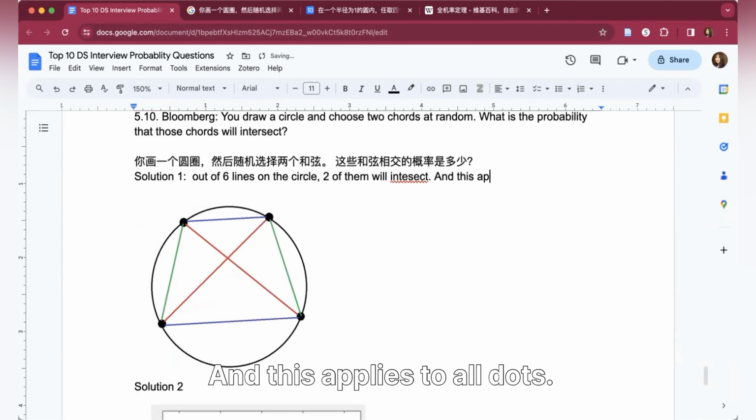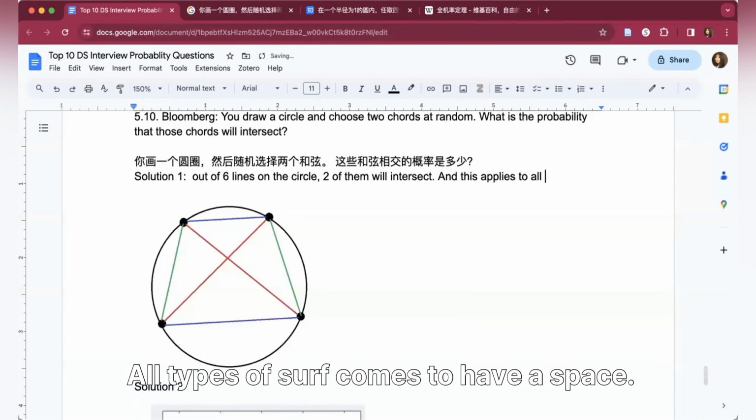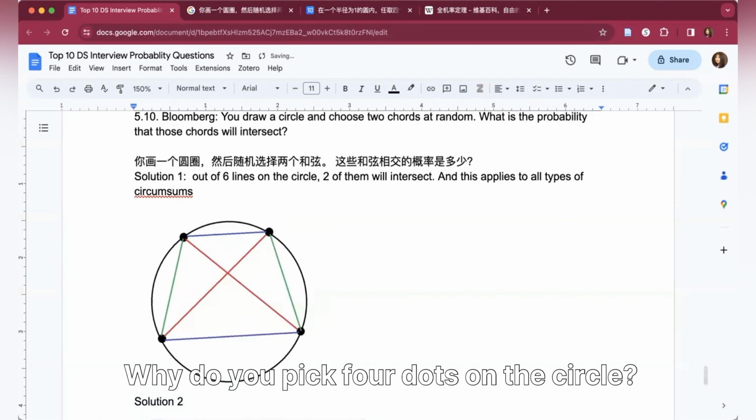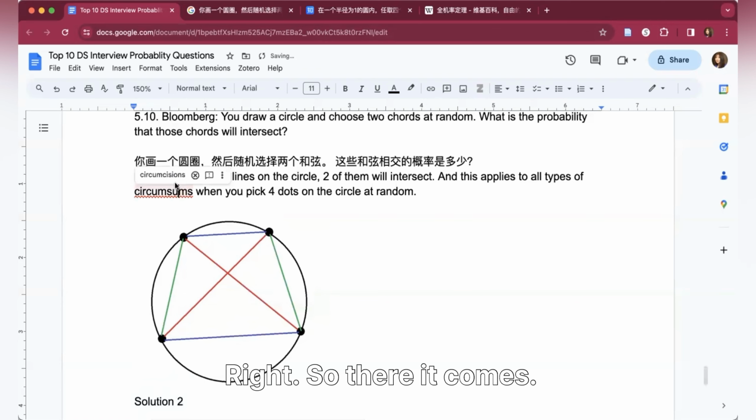And this applies to all types of circumstances when you pick 4 dots on the circle at random. Right, so here it comes.